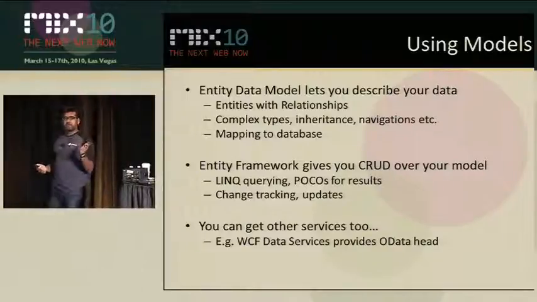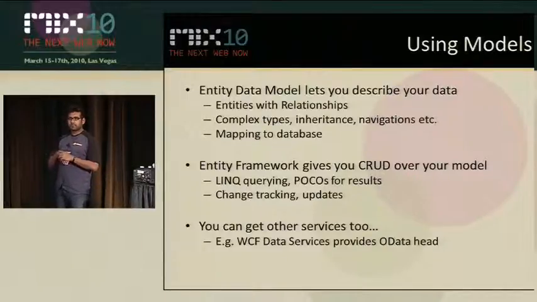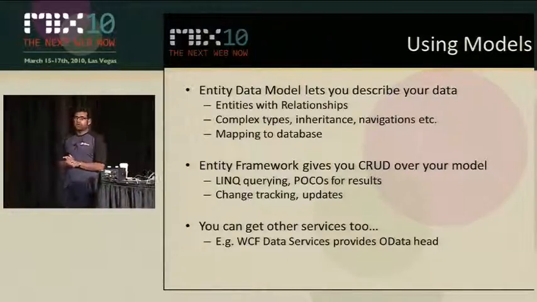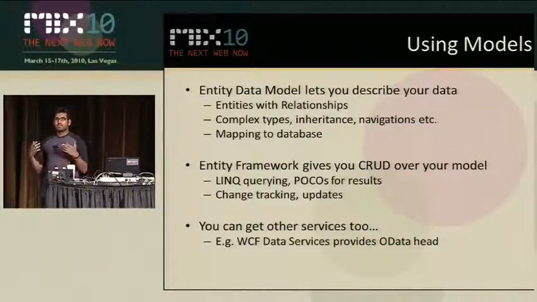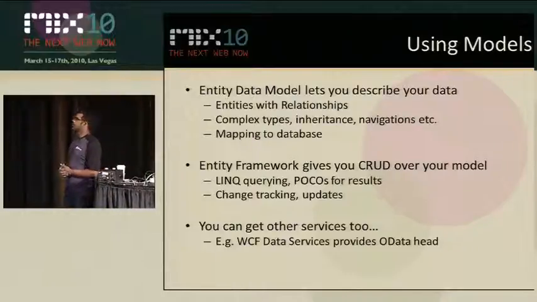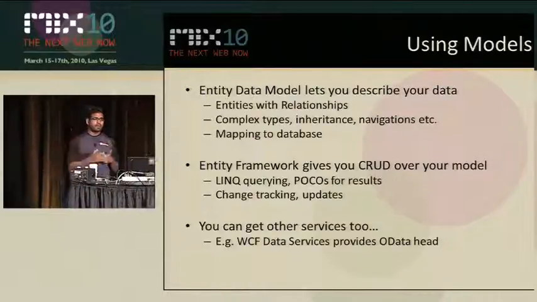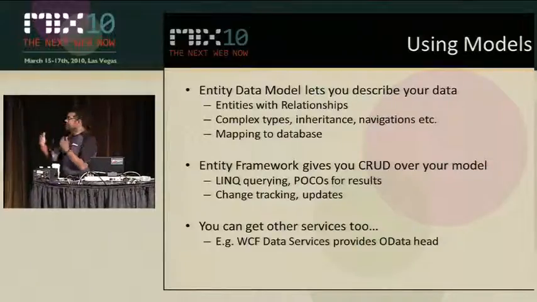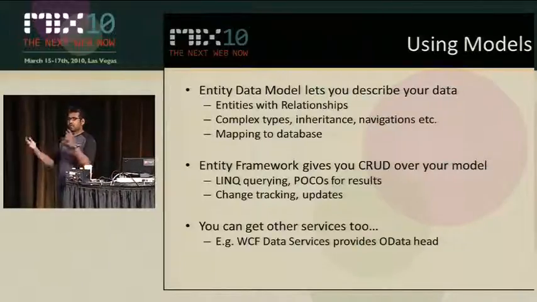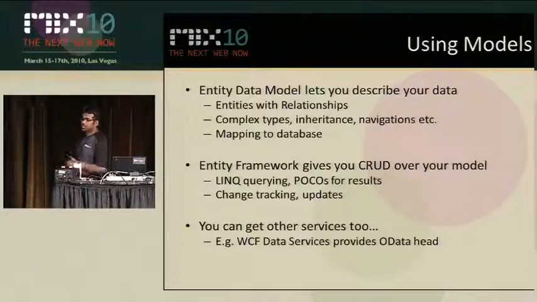How many of you are familiar with entity framework or entity data model? OK, good number of hands there. So basics here are entity data model is a way of describing the domain model that you want to work with in your application. The fundamental things in the EDM are entities, which are the things, and relationships, which describe how those entities are associated with one another.